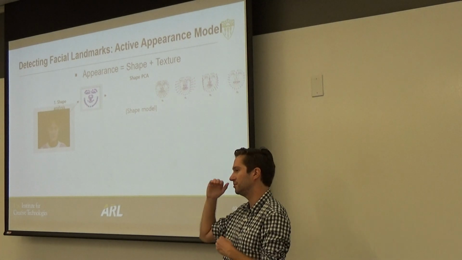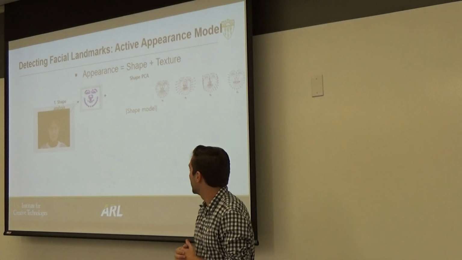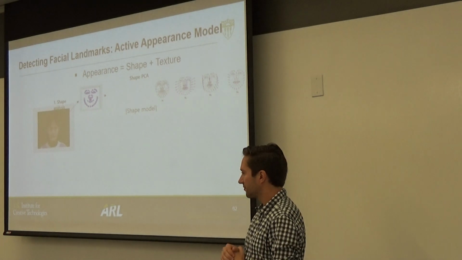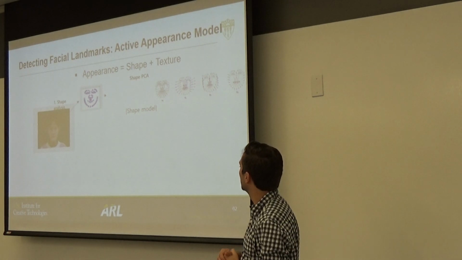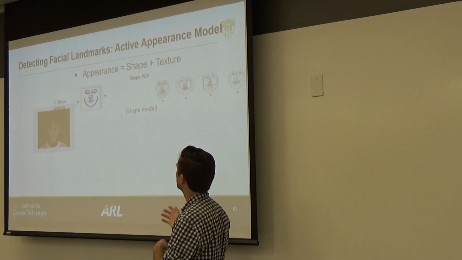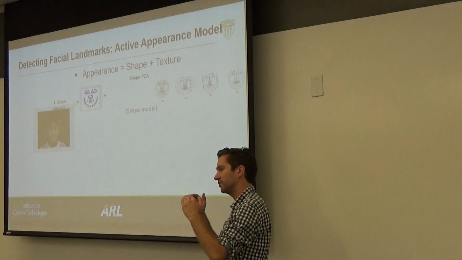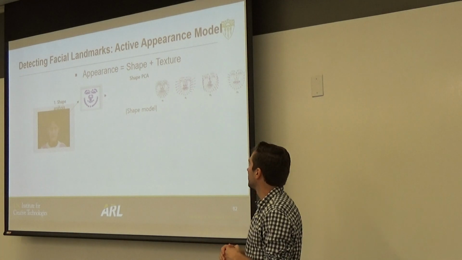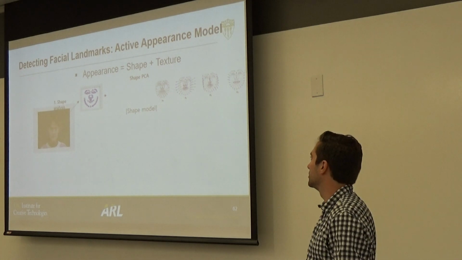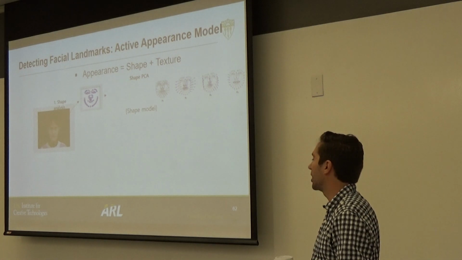So you have different dimensions that vary in the same way. The PCA technique allows you to find those components of variation that are the most common in your data set.